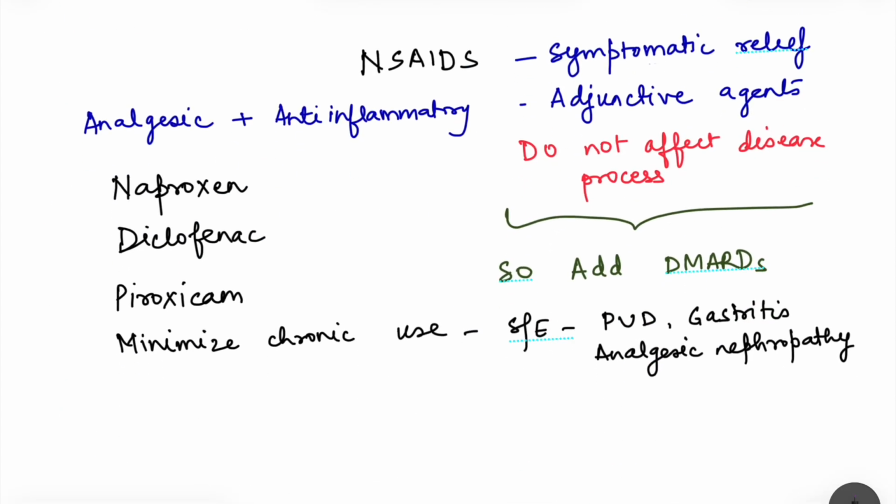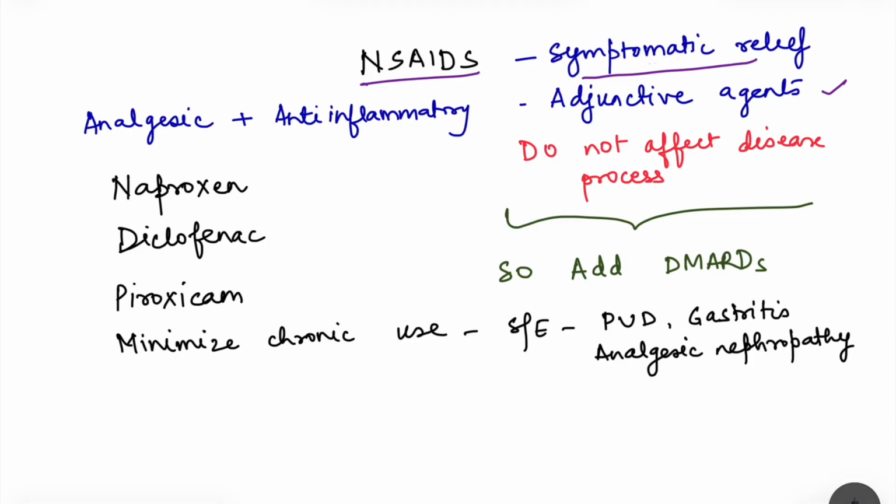So first is NSAIDs. As I told, they basically offer symptomatic relief. Before, they were considered the first line drug, especially for mild rheumatoid arthritis, but now it is considered that with NSAIDs we should add DMARDs as well. Okay, so these NSAIDs only provide symptomatic relief and are adjunctive agents, and they do not affect the disease process.